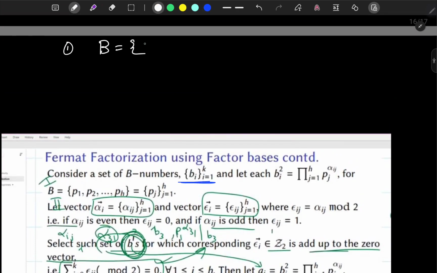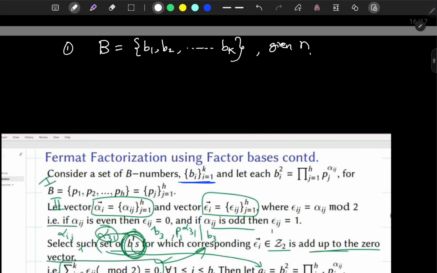So capital B is written as, for you I am expanding a very big one. Simple concept only, just listen to it. This is the set of B numbers. You got my point. This is not the factor base, this is the set of B numbers with respect to modulo, let's say n, and a given n.